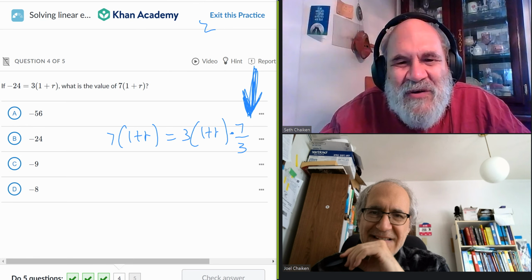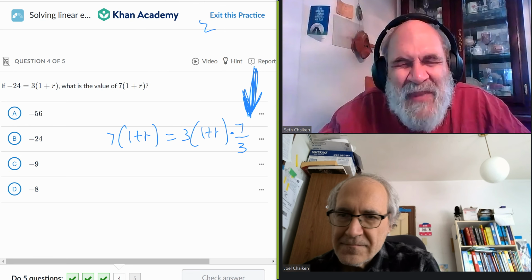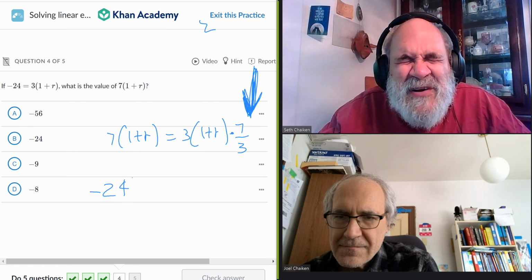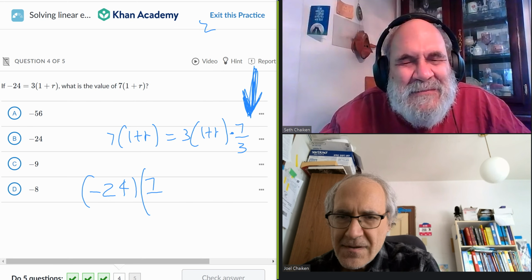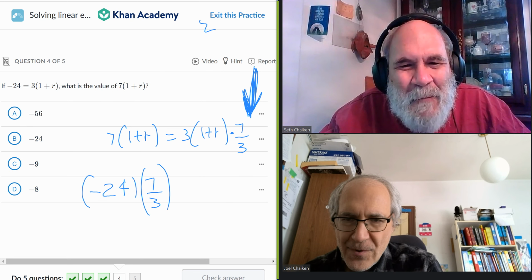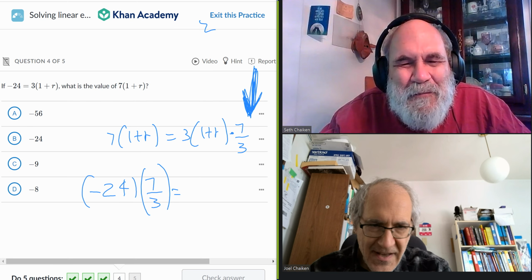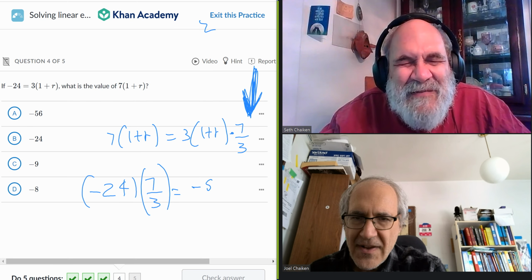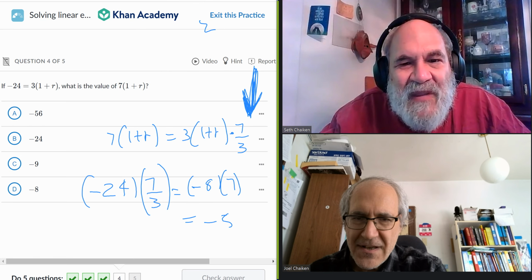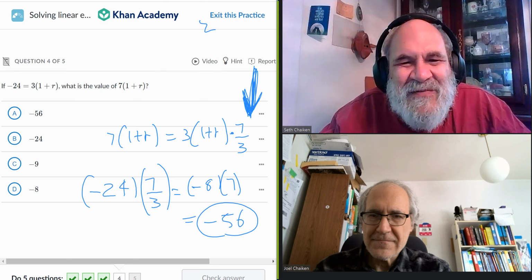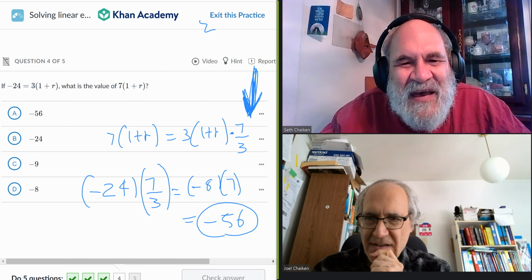Basically, so you take the left-hand side and multiply that by 7/3. Absolutely. Now, luckily, 24 and 3 cancel, right? So this is negative 8. 3 divides 24. Right, that's the better way to say it. 8 times 7 is 56. And then you check the negative sign.